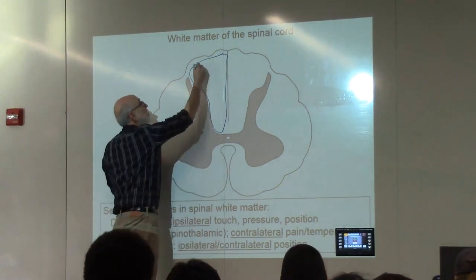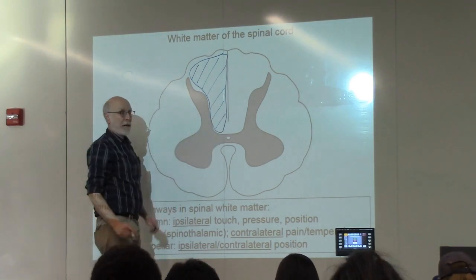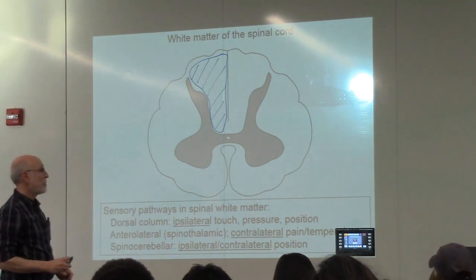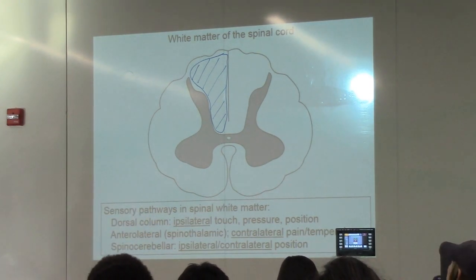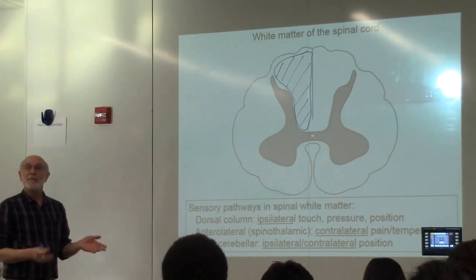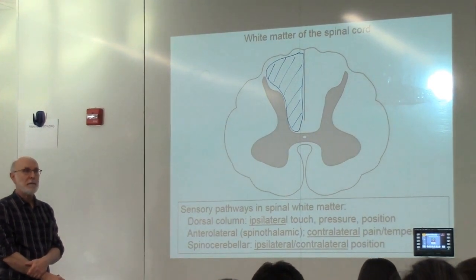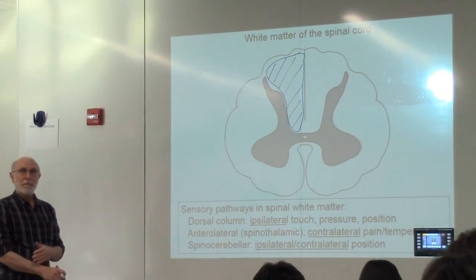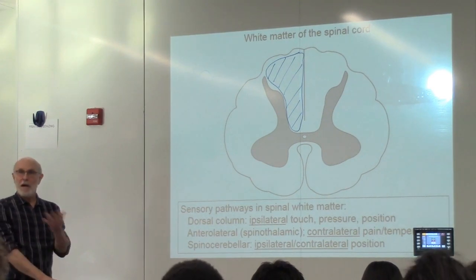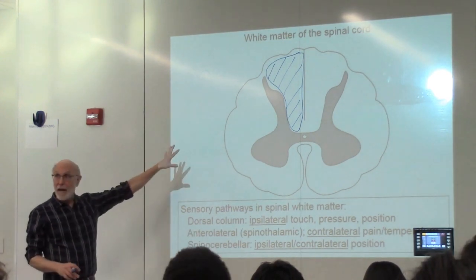The dorsal column is carrying ipsilateral touch, pressure, and proprioception information to the brain, where it will form a synapse in the midbrain, cross over in the midbrain, and then the information will be processed in the contralateral thalamus and the contralateral cortex. But in the spinal cord, it's ipsilateral.